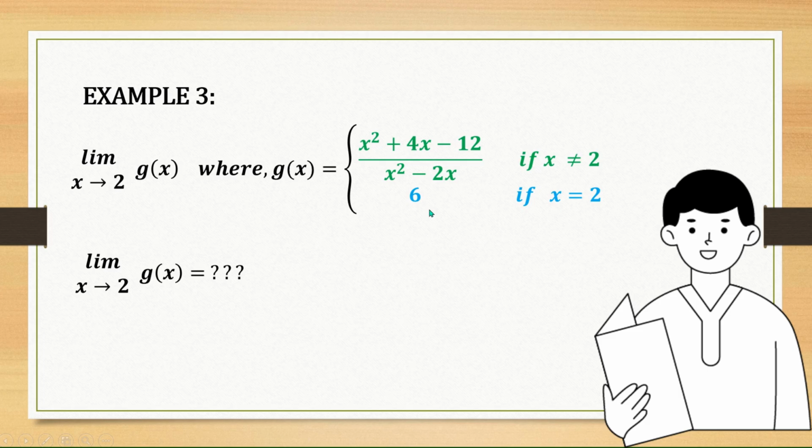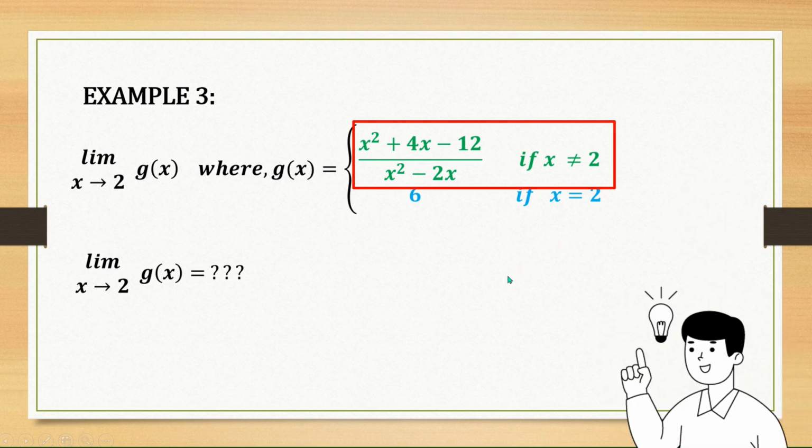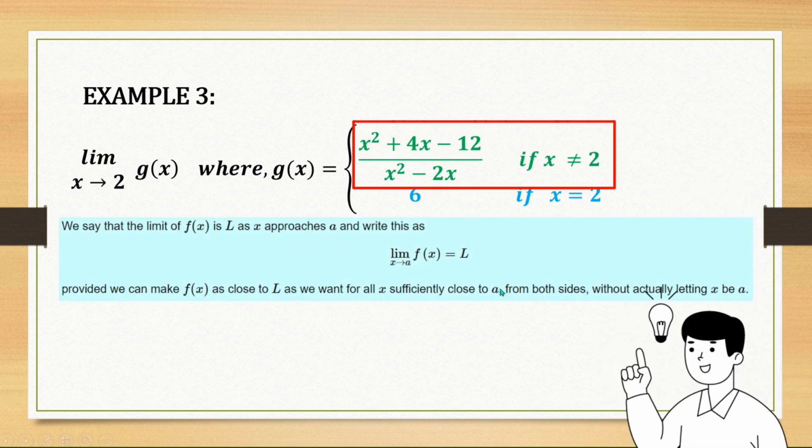Is that it? Or maybe we evaluate this one, and then we will have two limits of g of x? Well, the answer is no. We will only consider this equation.